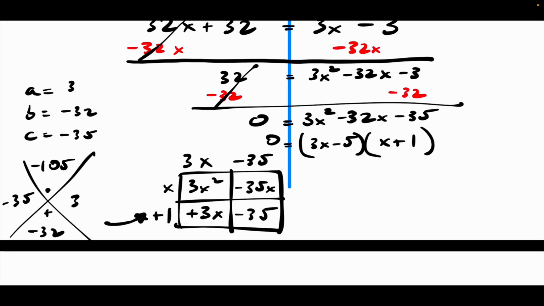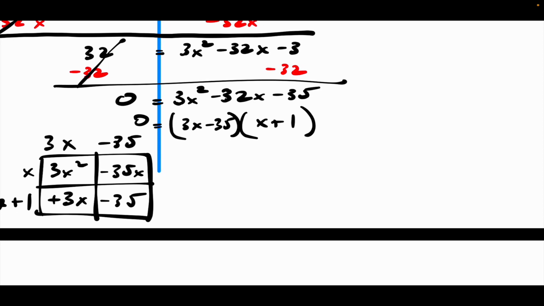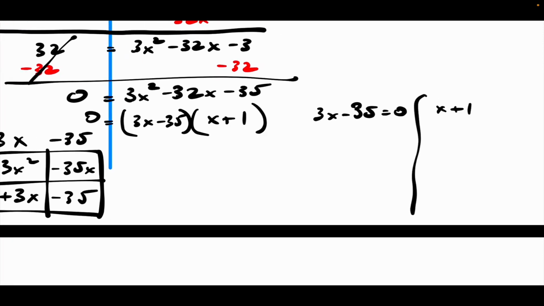What's the last step to get my two answers? Oops, 35. It's supposed to be 3x minus 35. Set them equal to 0. Yep, set them both equal to 0. So I get 3x minus 35 equals 0 and x plus 1 equals 0.